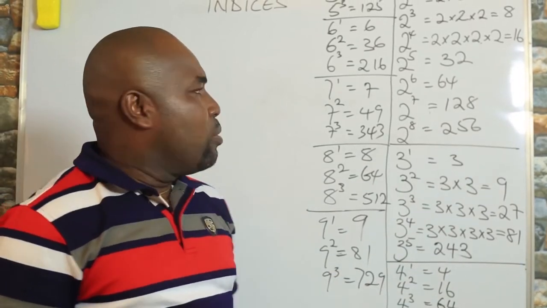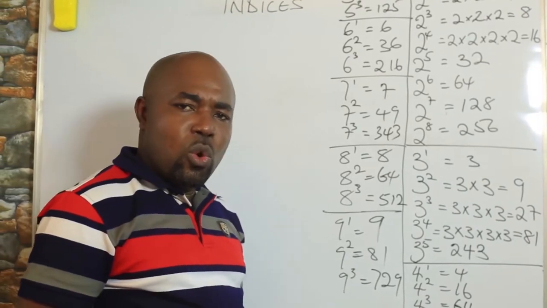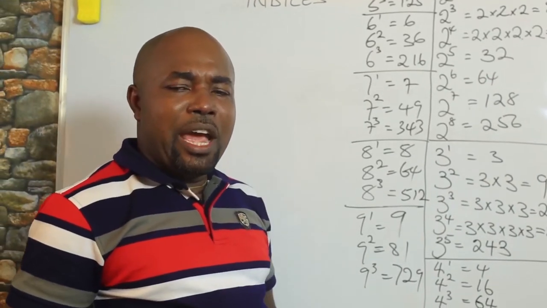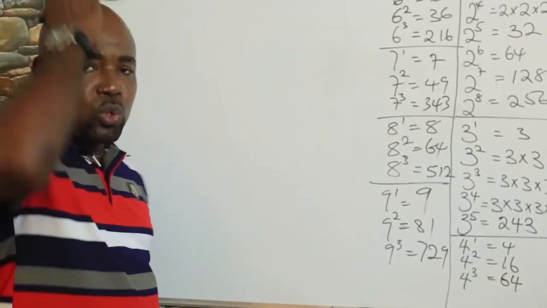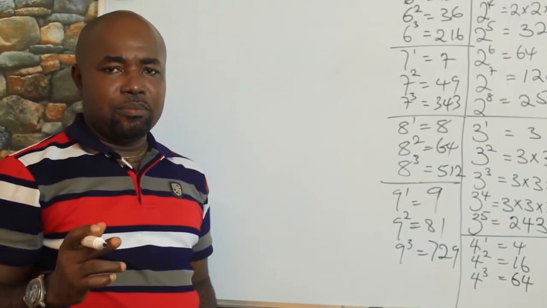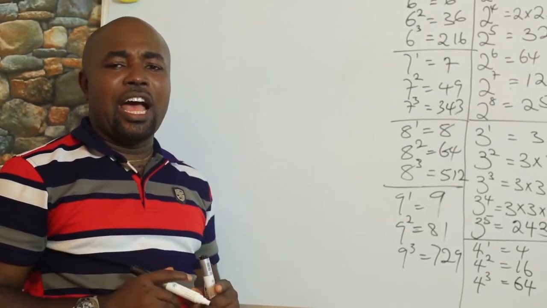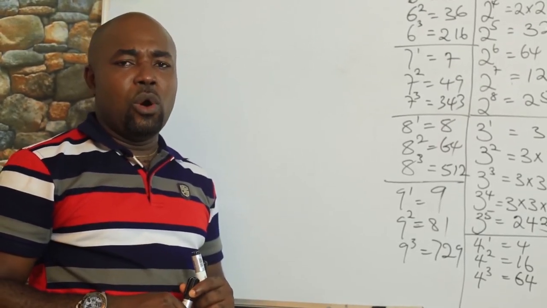So, I want you to memorize this, know it, learn it by heart, and it will help you in solving problems that have to do with indices. Now, let us look at the fifth law.